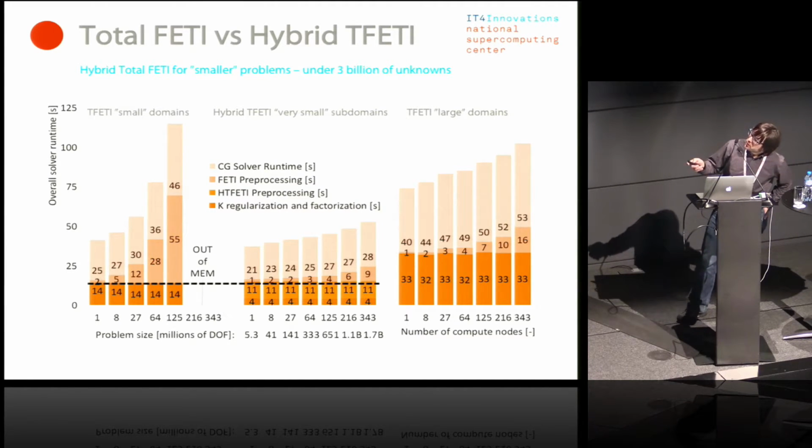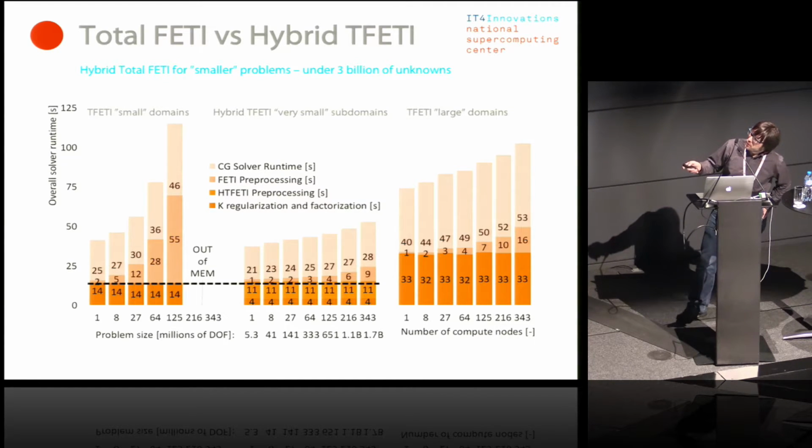Then I have the other extreme where I have a total FETI with large subdomains. So I have one subdomain per core, and in this case I have up to 100 subdomains per core for this problem.